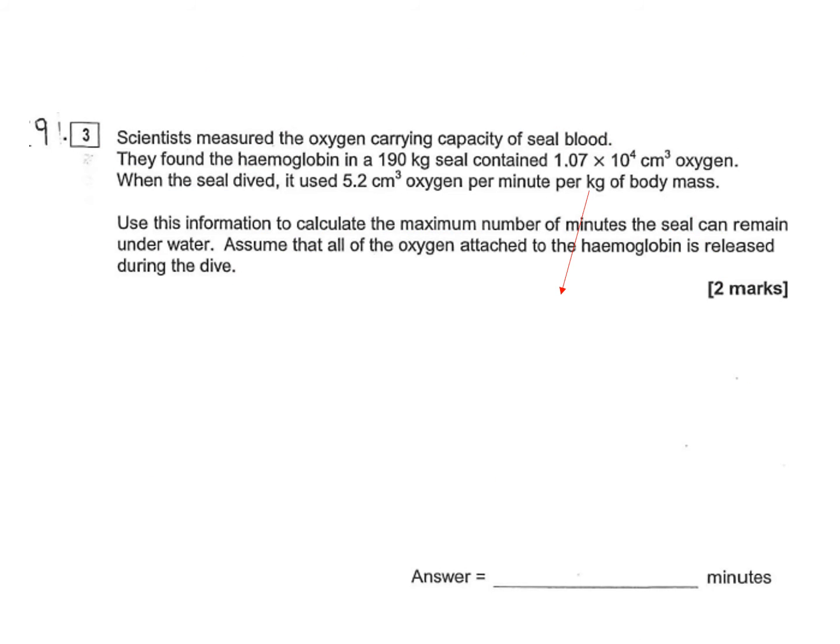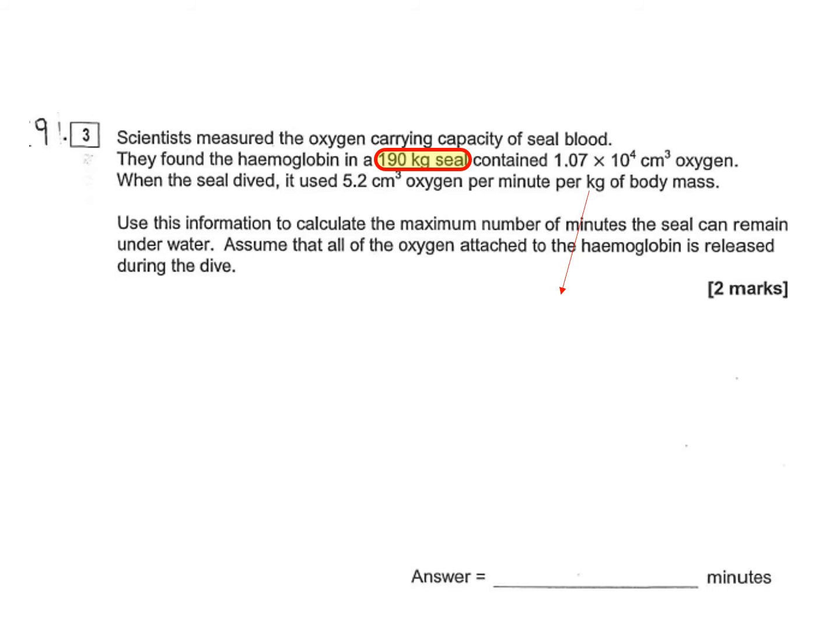Okay, in question 9.3 then, we can do a bit of maths. So it says the scientists measured the oxygen carrying capacity of seal blood. They found the hemoglobin in the red blood cells in a 190 kilogram seal contained 1.07 times 10,000 centimetre cubed of oxygen.